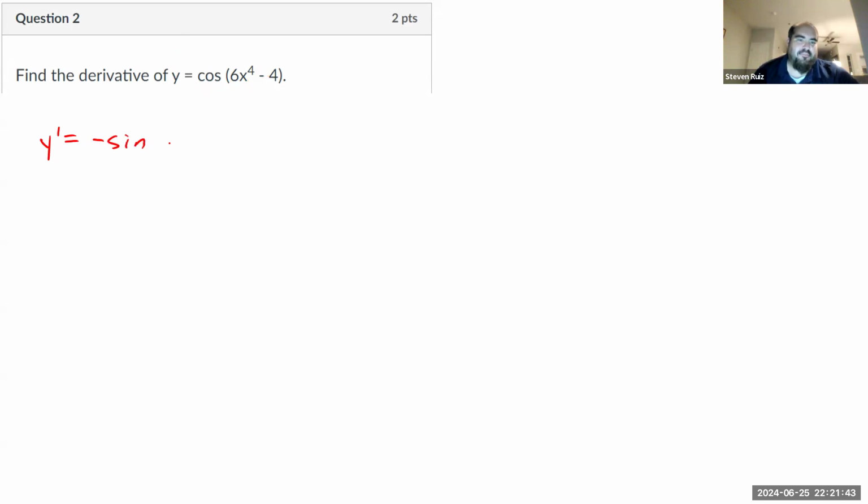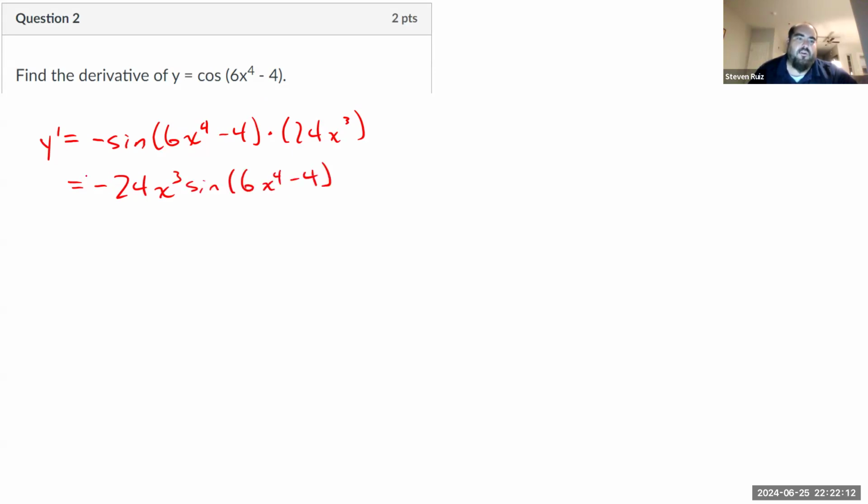And I'm saying generic something instead of x because we want to respect what the input to this function is, which is 6x to the fourth minus 4. And finally, you want to multiply that by the derivative of the inside function, which is going to be 24x cubed. So all told, negative 24x cubed times the sine of 6x to the fourth minus 4.